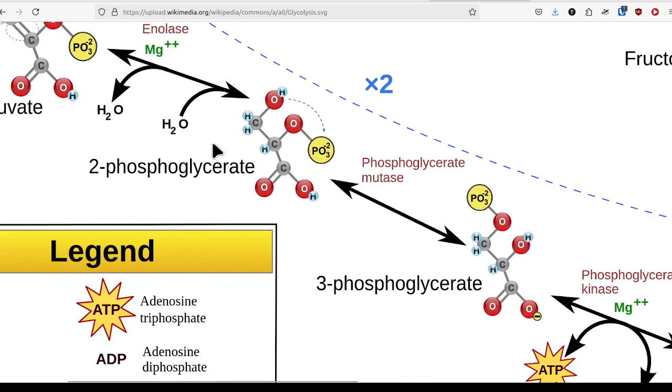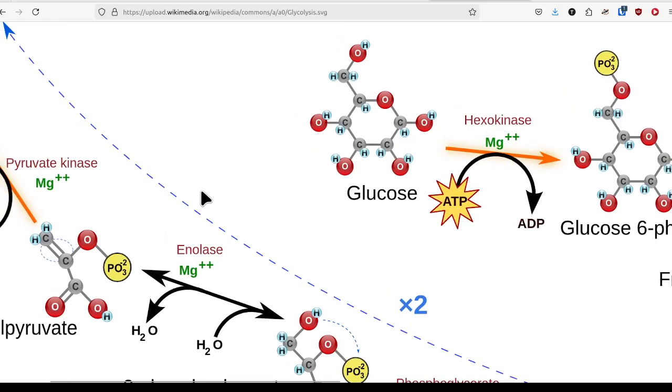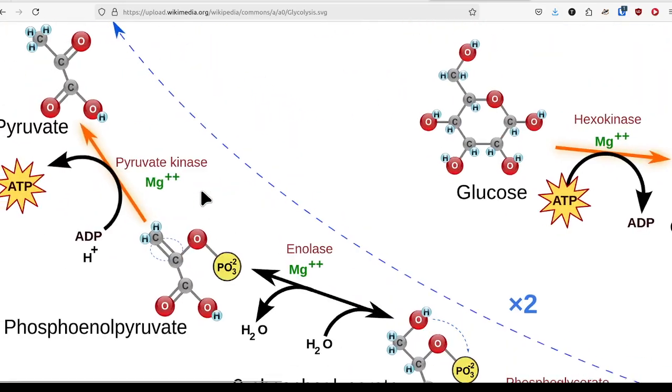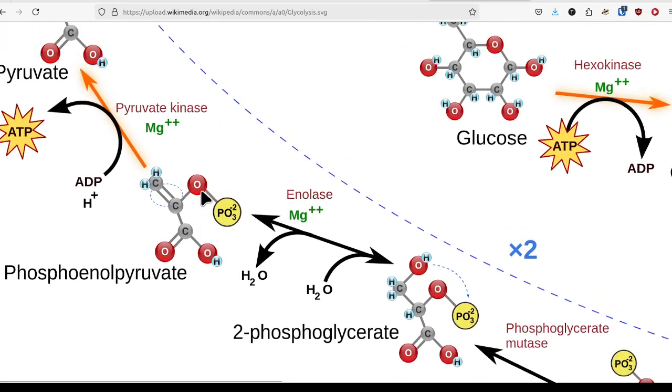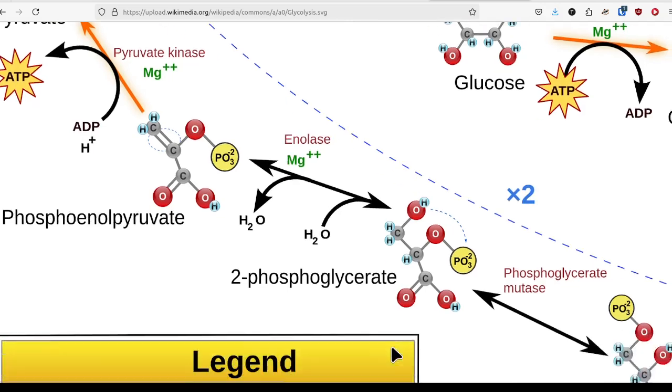And you can see in the name, the only thing that's changed in the name is it goes from 3 phosphoglycerate to 2 phosphoglycerate. So the name's even the same, telling us this looks like the same molecule, but where we attach the phosphate has changed. Glycerate should be familiar from carboxylates.